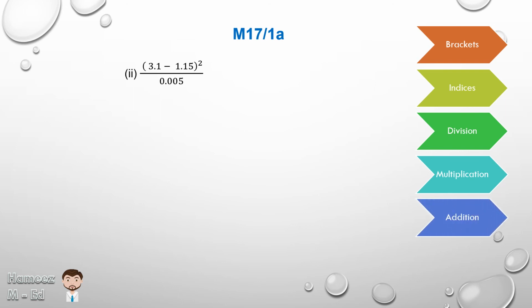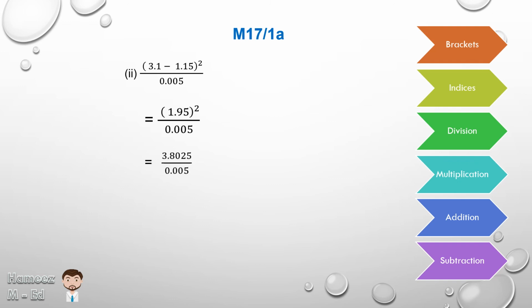Since it's the brackets, we can work that out first. 3.1 minus 1.15 gives us 1.95 squared divided by 0.005. So 1.95 squared is equal to 3.8025 divided by 0.005. And using our calculator again, it gives us a final answer of 760.5.